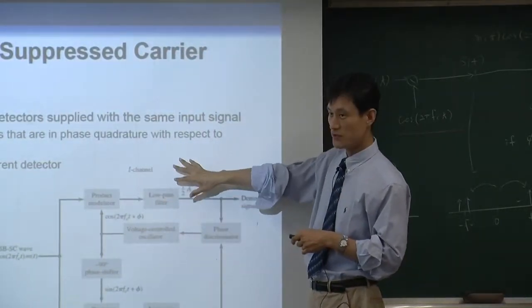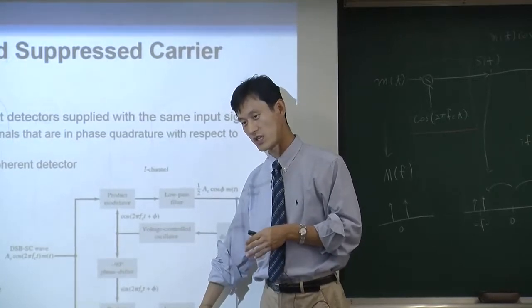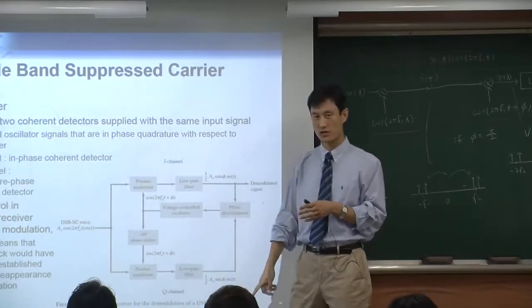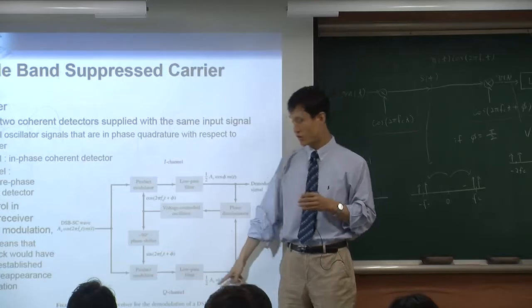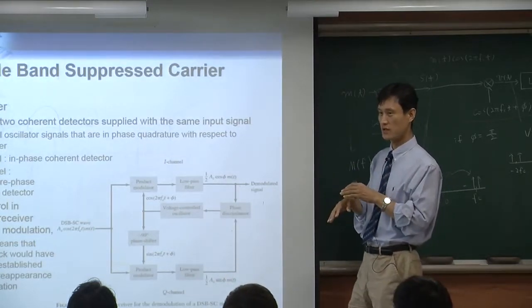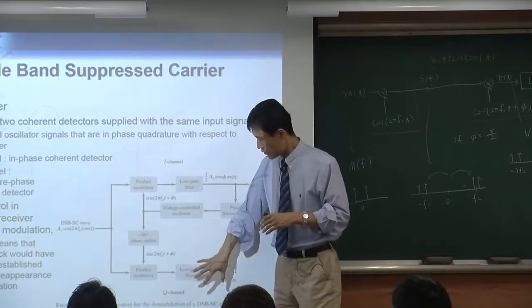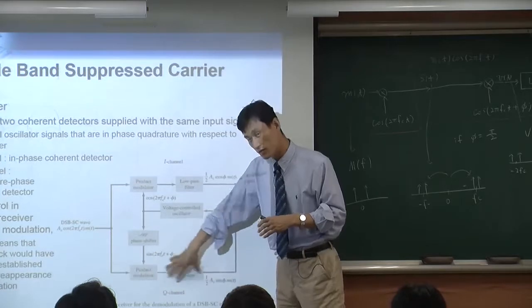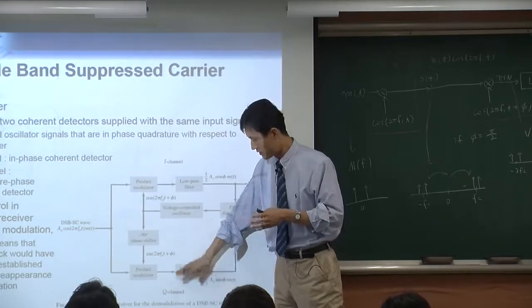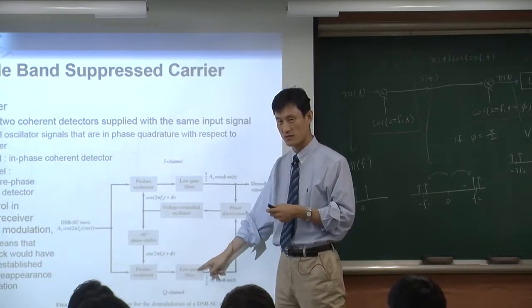But in the Costas receiver, we have one more of that. We call that the Q channel. Q means quadrature. I means in-phase. We make it short as IQ. In the quadrature phase, the hardware looks the same. You again have a product modulator, and again you have a low-pass filter.